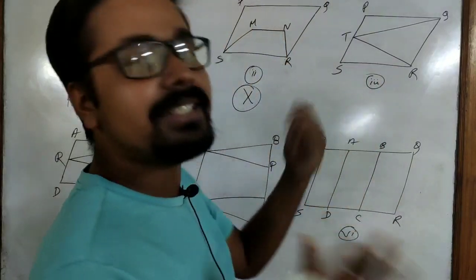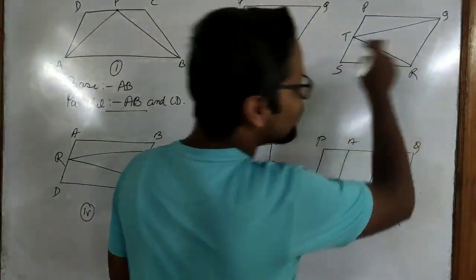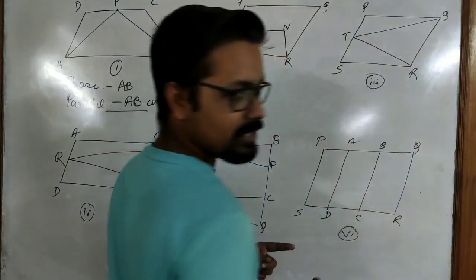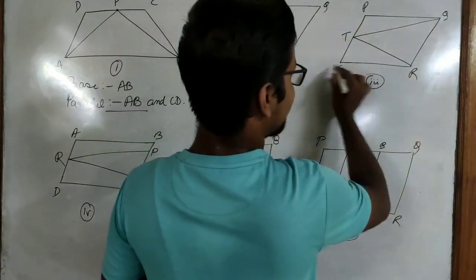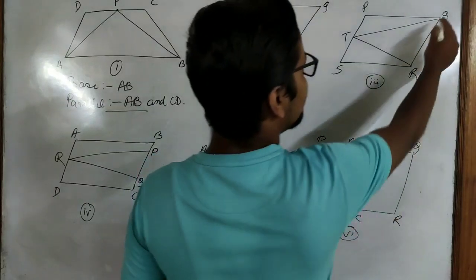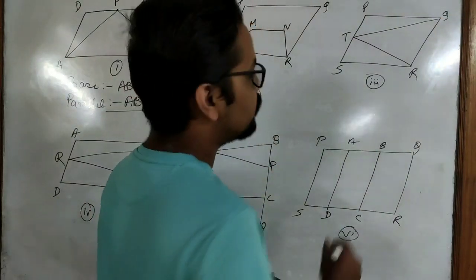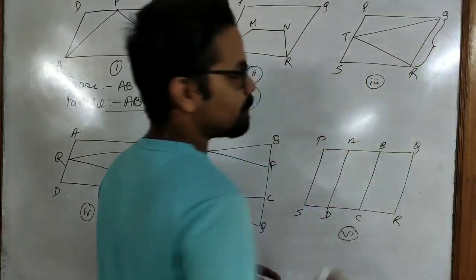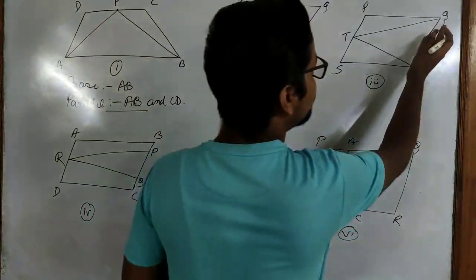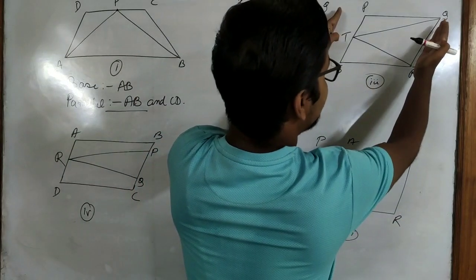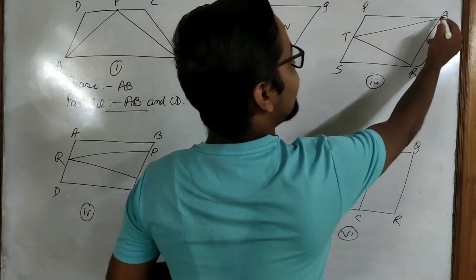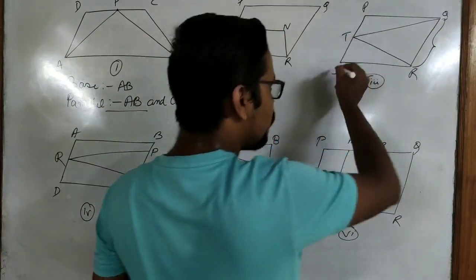Let's move on to this one. Here the base is different. Here don't take this one as the base, take RQ as the base. In that case what will happen? PQRS is a parallelogram and QTR is the triangle. So in that case QR is the base, right? And are they between the same parallel lines? QR is parallel to PS, and T lies on PS.